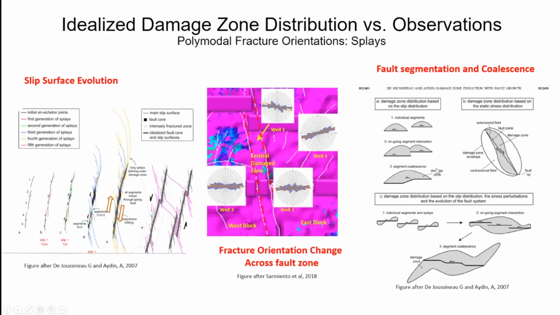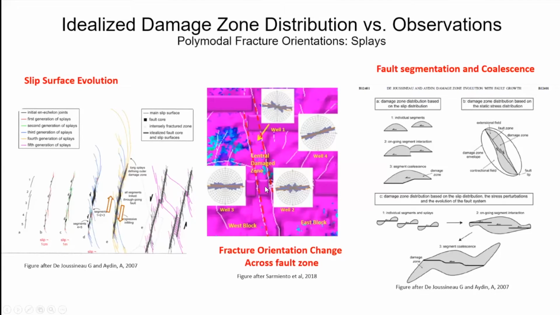And they combine that classification of fault damage with the static stress distribution of tensional, contractional and extensional areas, to have a fault damage zone that is not symmetrical along the fault trajectory, but certainly has a very important tip component. And this is a really nice observation, because in a study done by Sarmiento et al., 2018, this is a strike-slip system.